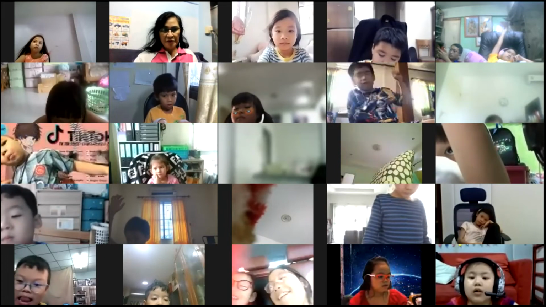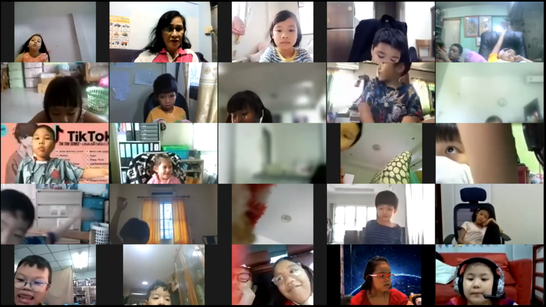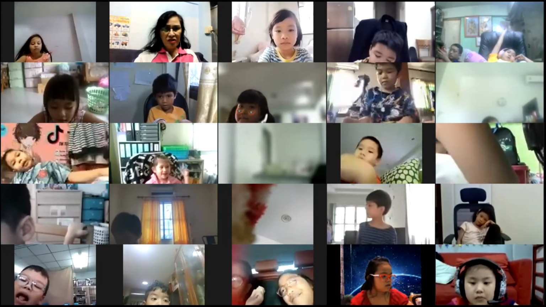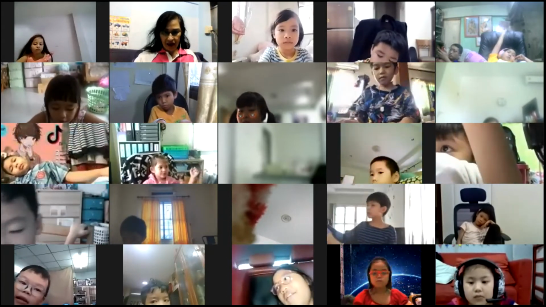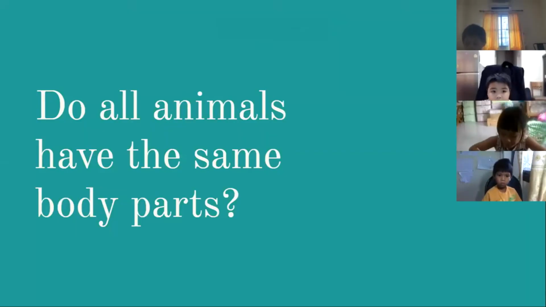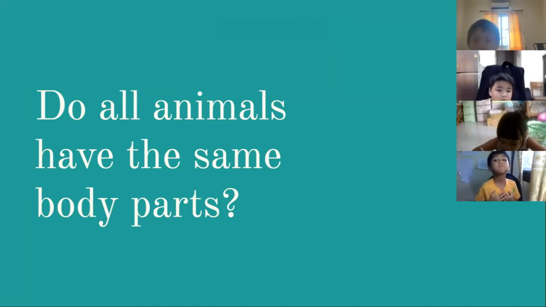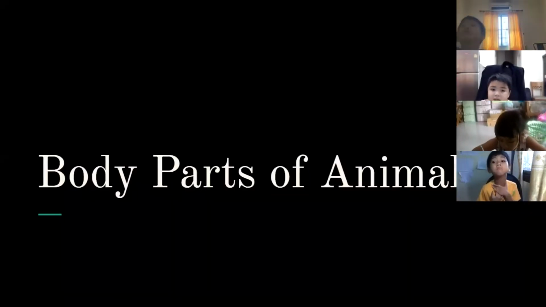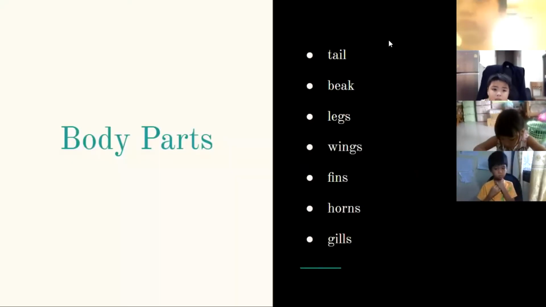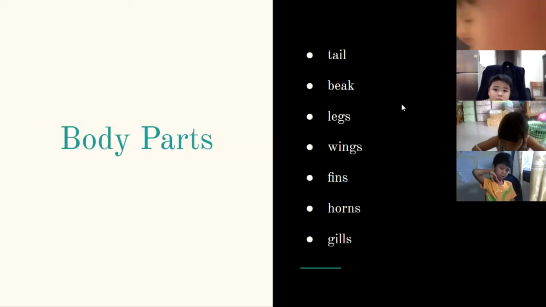Okay, now let's move on to the different parts of the animals. Animals have also different parts. Now, do all animals have the same body parts? Not all animals have the same body parts. Okay, they are not the same. So some animals have tails. Some animals have beaks.